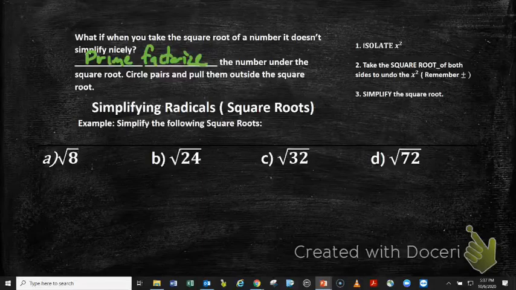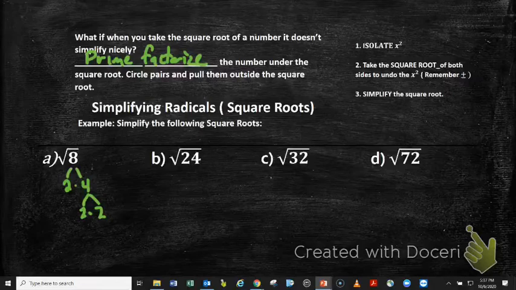I'm going to prime factorize the number 8. So I'm going to write this as 2 times 4, and then I'm going to break this down as 2 times 2. And from here, since I'm talking about a square root, that means that I'm going to take out pairs. If it was a cube root, then I would take out 3s. I would circle groups of 3.